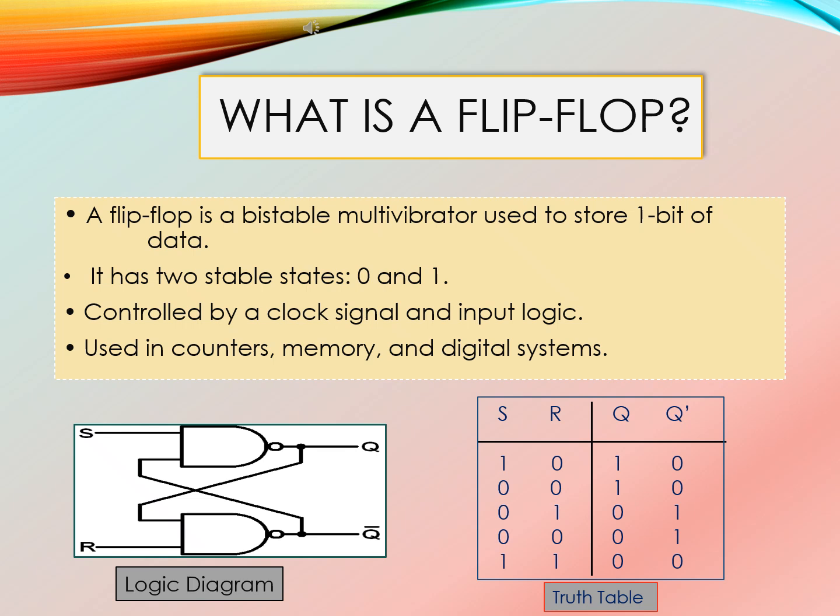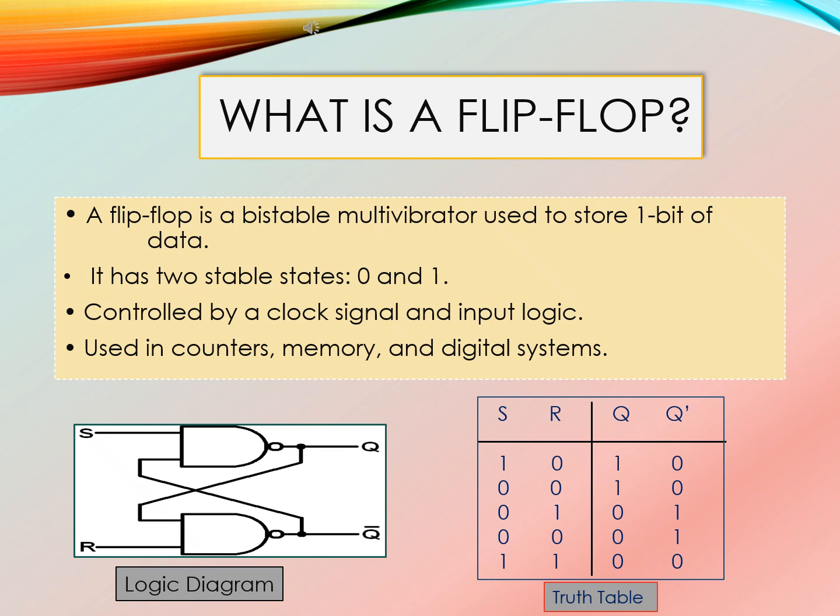Once it is in a state, it stays there until an input forces it to switch to the other state. In other words, it can remember one bit of information, either 0 or 1. These characteristics make flip-flops the building blocks of memory, counters, and sequential digital circuits.